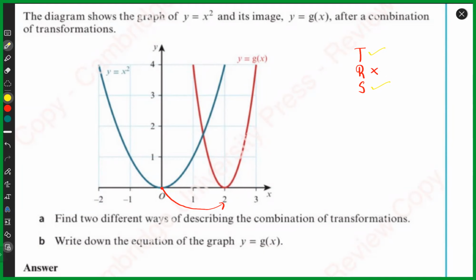Now I would want you guys to think about it and then just comment down in the chat box, so I'll see and I'll know if you were able to understand the idea or not. It is certainly translation and stretch. Nothing else has happened over here. But what translation vector and what stretch factor? Yes, that is my question. Please think about it.